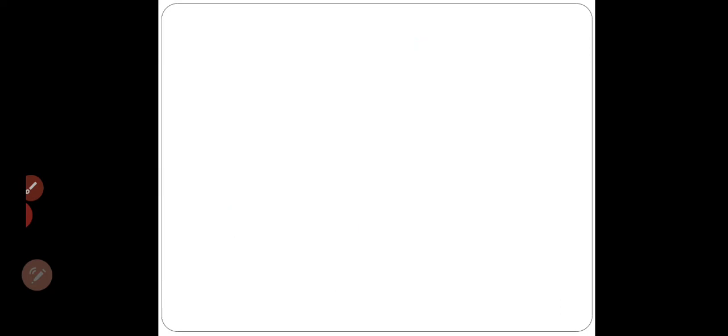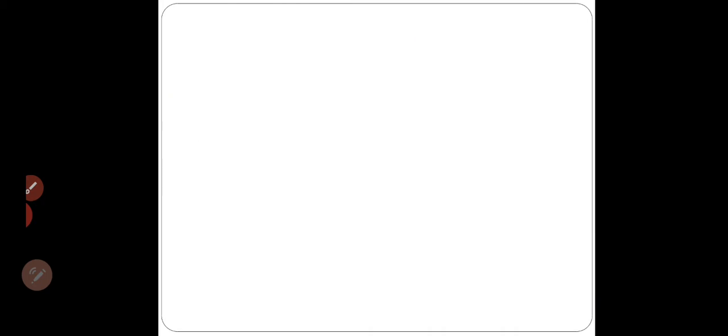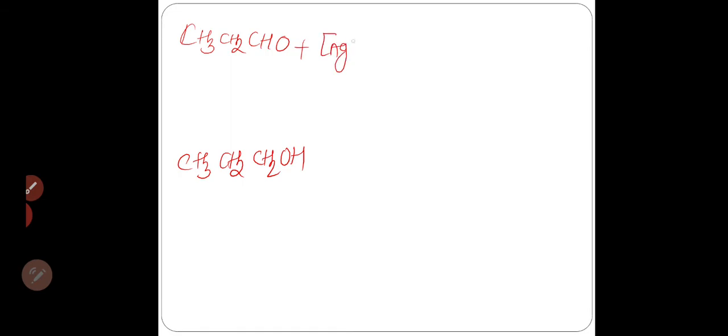Okay, now next is your propanal and propanol. So what is propanal? It is an aldehyde, and propanol is an alcohol. So the formula is CH3 CH2 CHO for propanal, CH3 CH2 CH2OH for propanol. Now again you do the silver mirror test, Ag, then NH3 2 plus, OH minus.